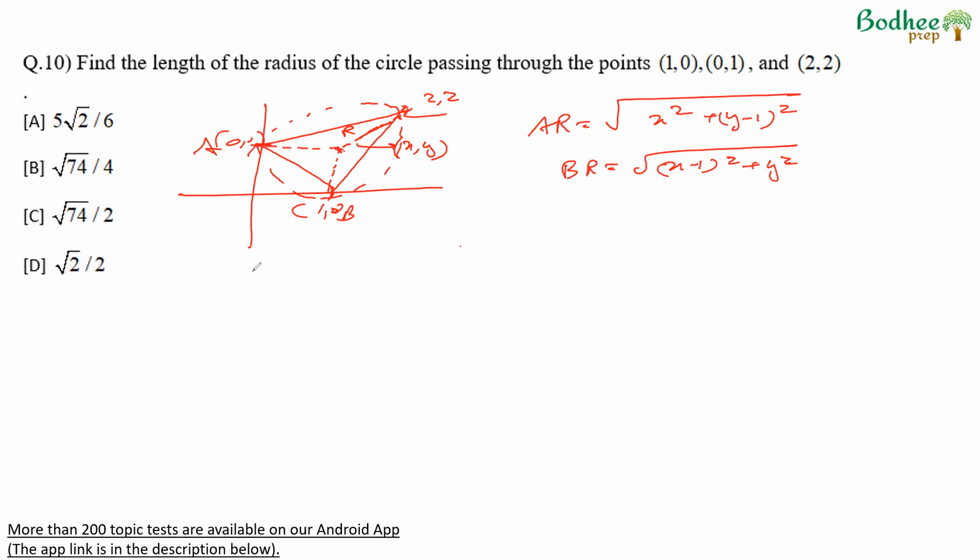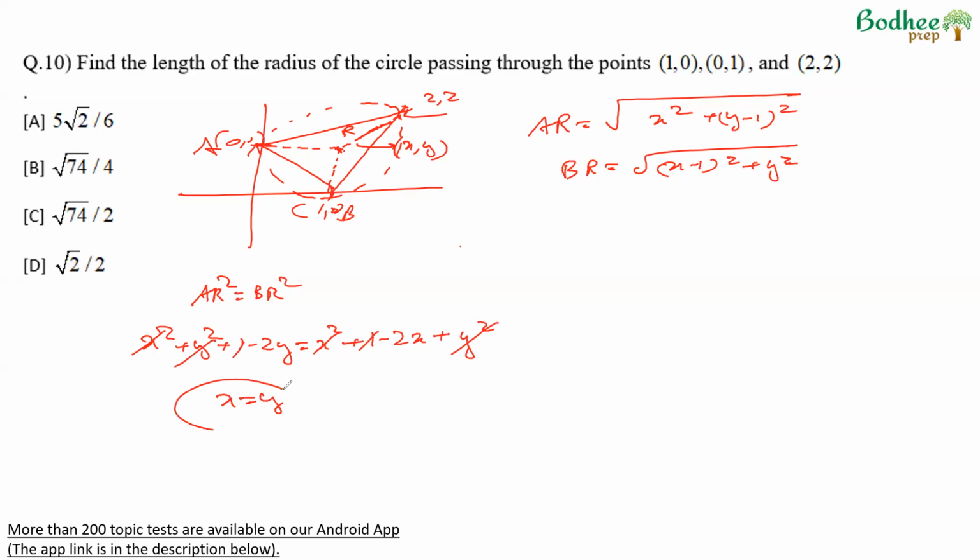Equating them, AR square is equal to BR square: x square plus y square plus 1 minus 2y is equal to x square plus 1 minus 2x plus y square. x square cancels, 1 and 1 cancel. x is equal to y is what we get.